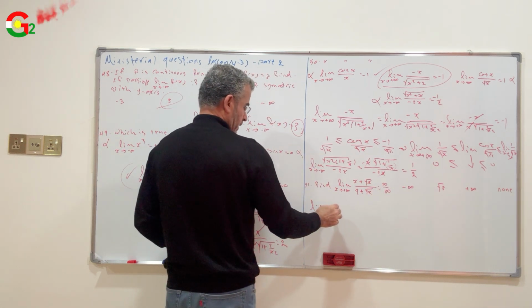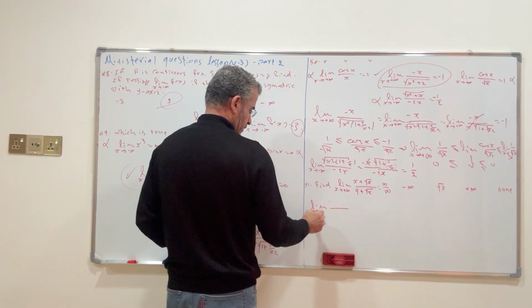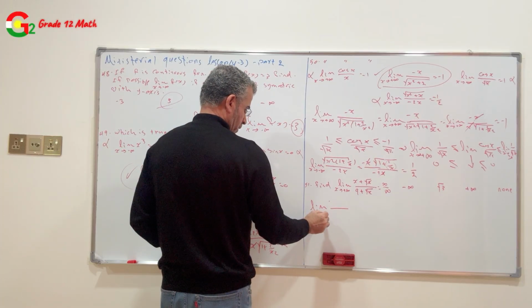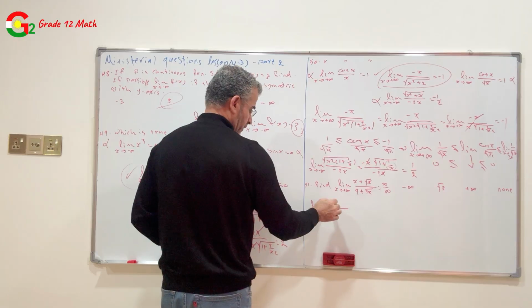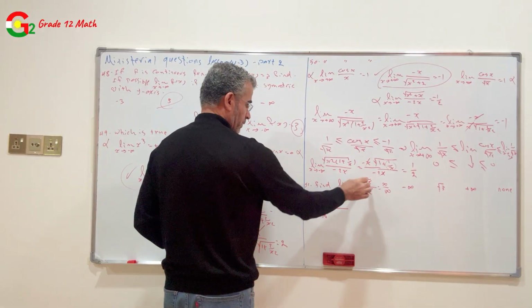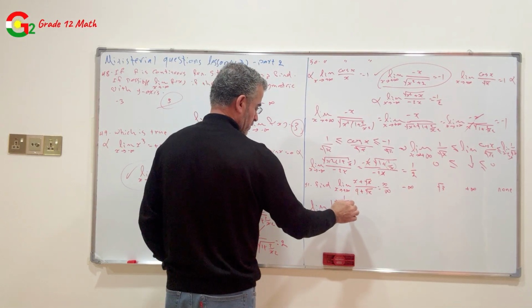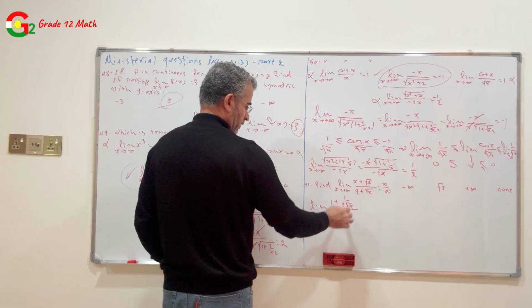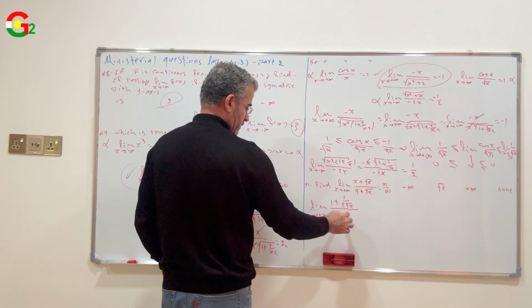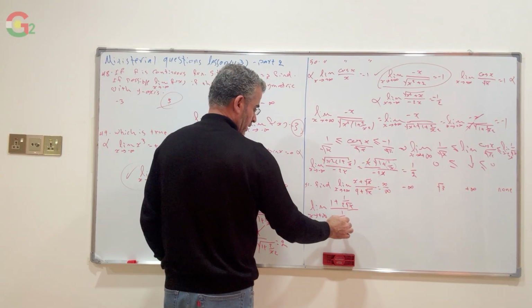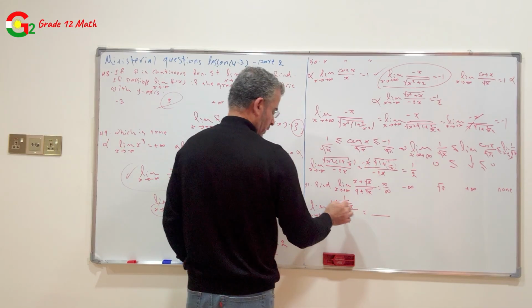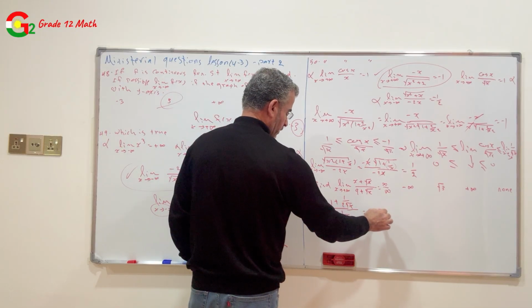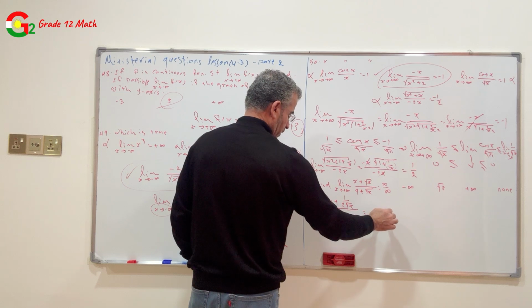The limit will be, differentiate both numerator and denominator separately. The derivative of x is 1. The derivative of square root x is 1 over 2 square root x. The derivative of 9 is 0. The derivative of square root x is 1 over 2 square root x. Equal to, find the common denominator for the two terms in the numerator.